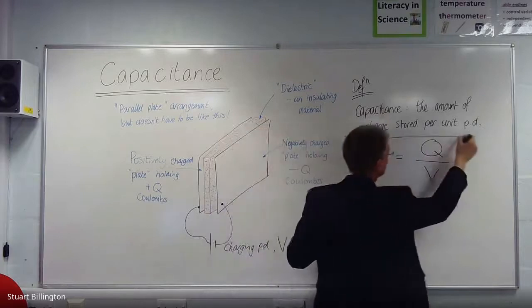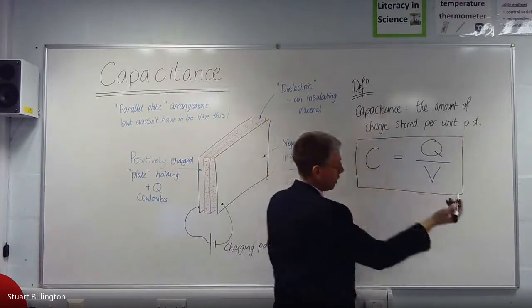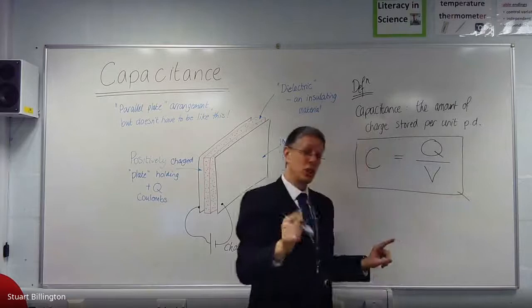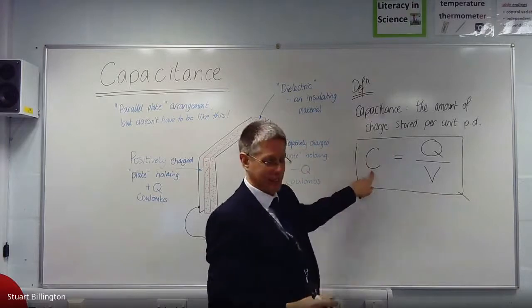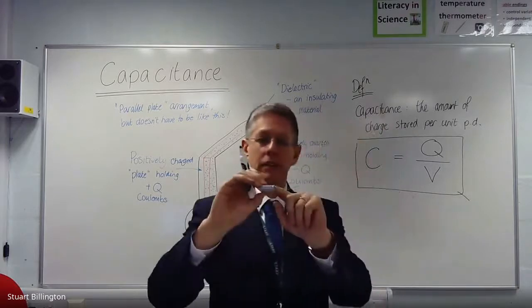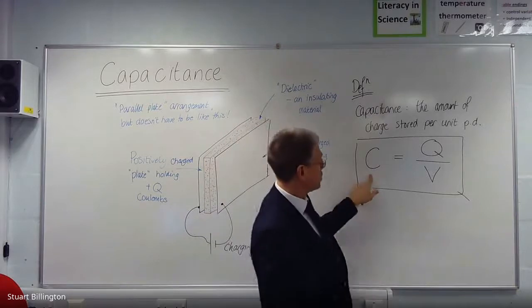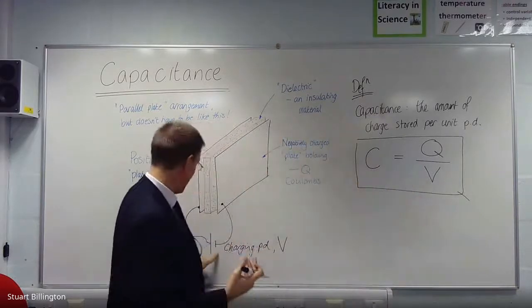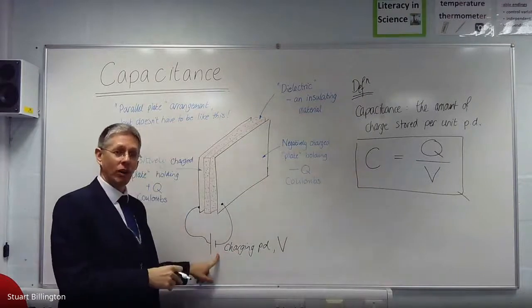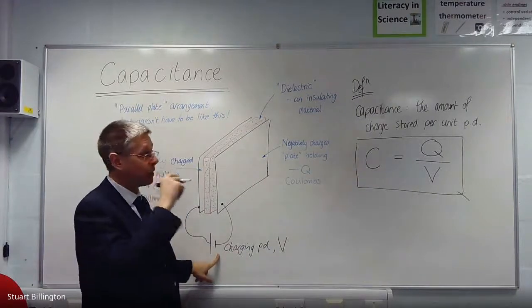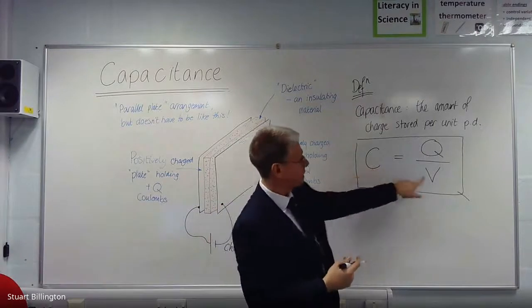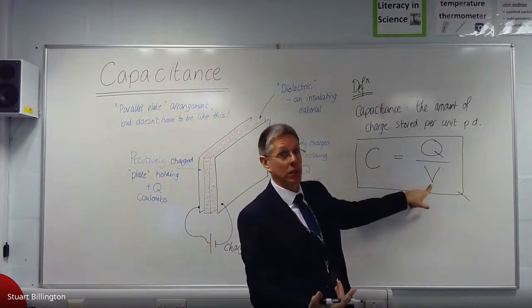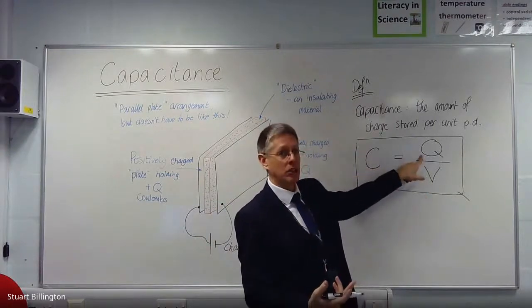So that's your go-to formula, although, to be honest, we do usually know what the capacitance is because it's printed on the side of the capacitor, and we do usually know what the potential difference is because we've attached a voltmeter, or we know what the power pack's set to. So actually, we usually know what C and V are, and usually what we're trying to work out is how much charge is stored.